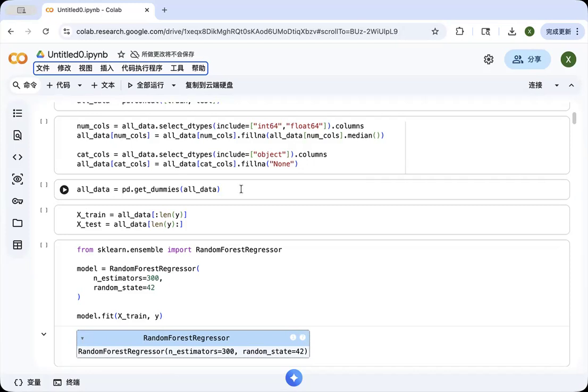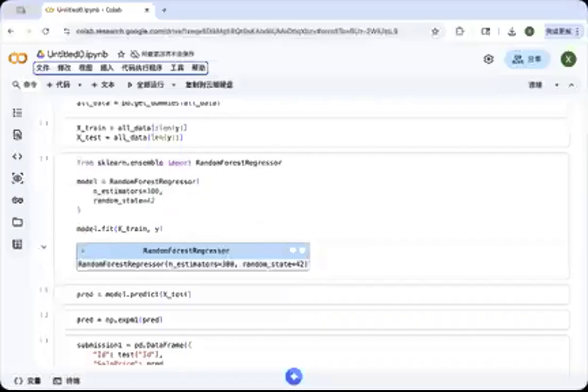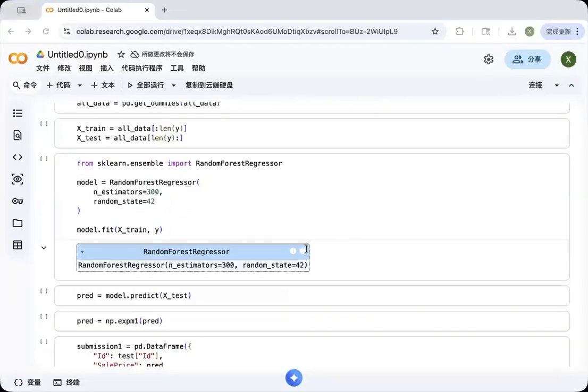And the second part is handling missing values strategically. Instead of dropping rows with missing values, which would reduce our dataset size, we carefully handled missing data. For numerical features, we filled missing values using the median. The median is robust to outliers and works well for skewed data.